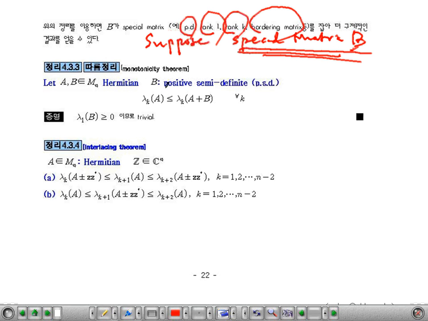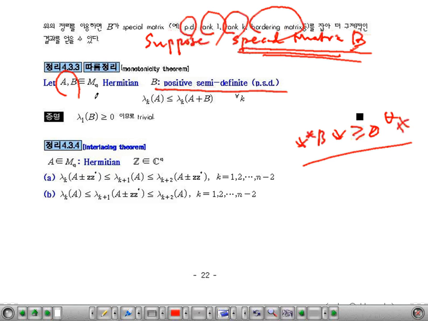The first one, let's try the positive semi-definite matrix. You know the definition of positive semi-definite: for all x, if x star B x is non-negative, then this matrix B is positive semi-definite. So A and B are Hermitian, and B is positive semi-definite, then we can always have this.